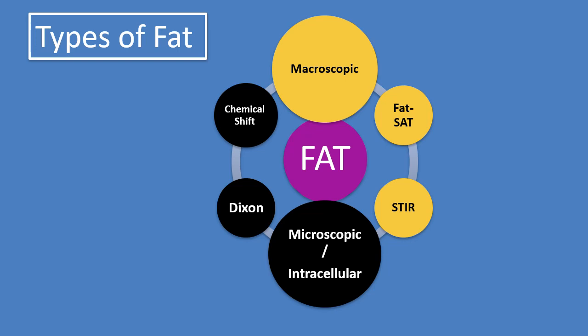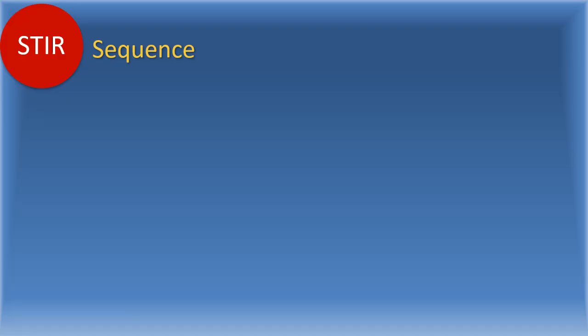This microscopic fat can be found in many lesions, especially one of the commonest lesions in everyday practice, adrenal adenomas. Microscopic fat could also be present in other common pathologies like hepatocellular carcinoma or renal cell carcinoma. So in some situations you need to know whether there is microscopic fat or not, because it limits your differential diagnosis so you can easily reach the final diagnosis.